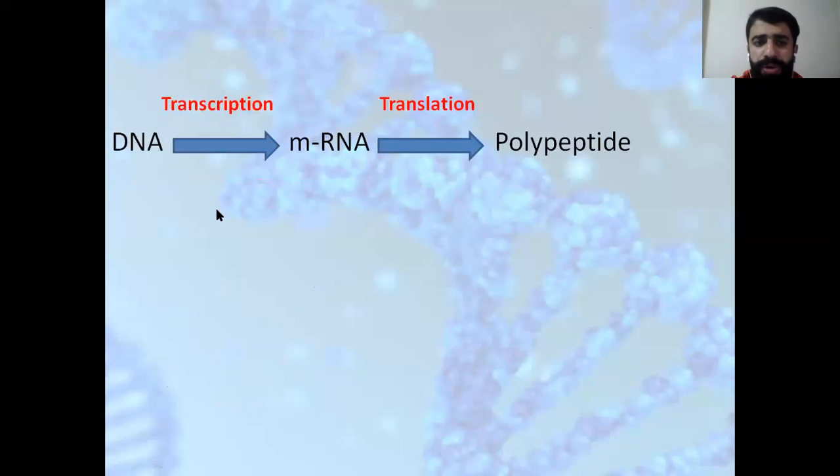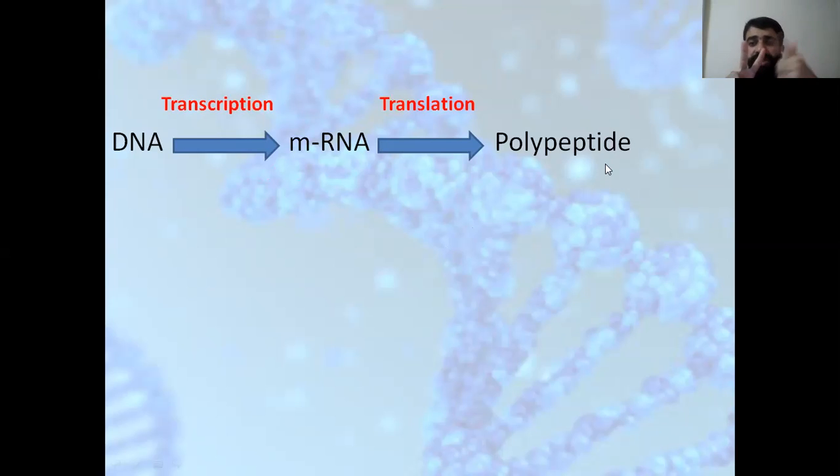DNA, by the process of transcription, moves to the mRNA, messenger RNA. And the messenger RNA, by the process of translation, will move to the polypeptide, the amino acid chain. So we have two processes here.